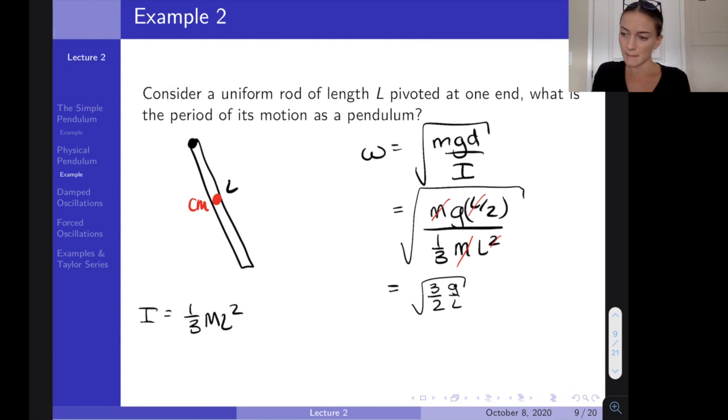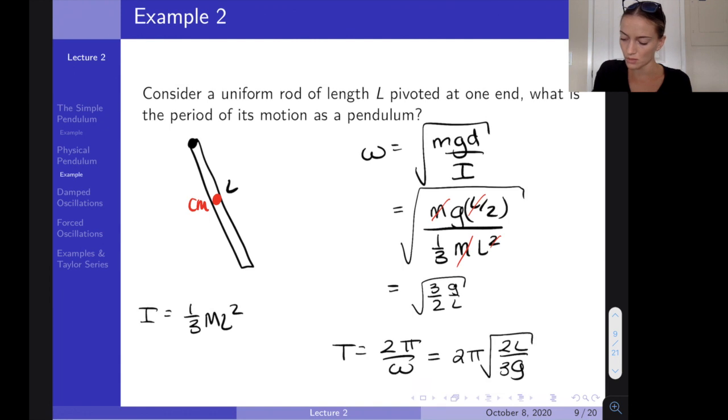And then the period is just given by 2 pi over omega. So we can just do 2 pi divided by the square root of 3/2 g over L. I just put omega in the bottom here, and this is our period.